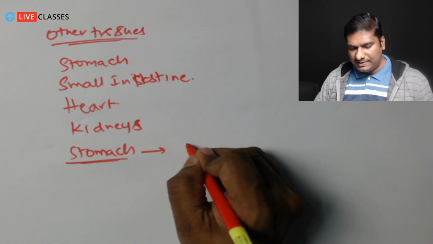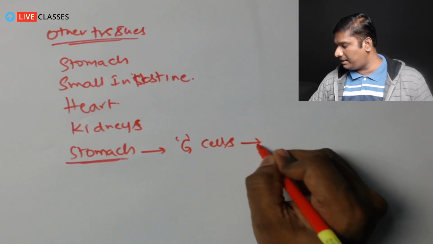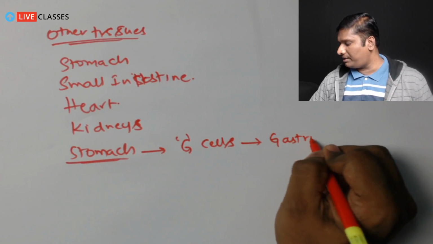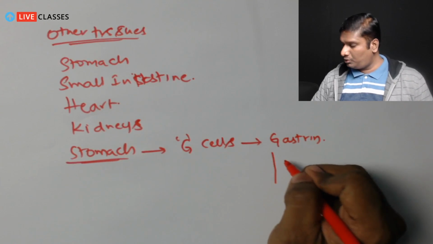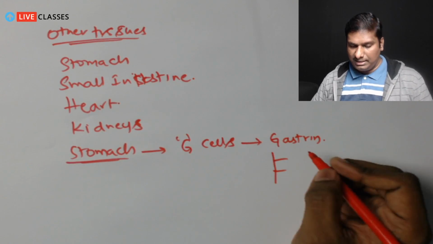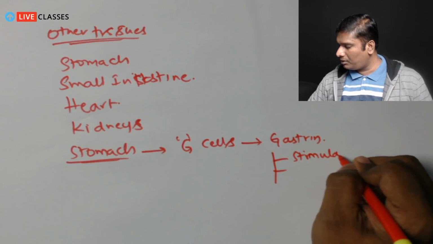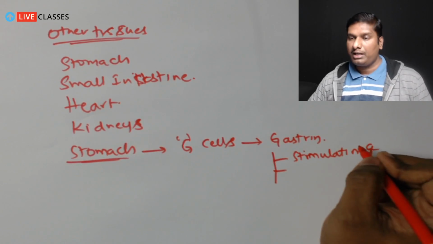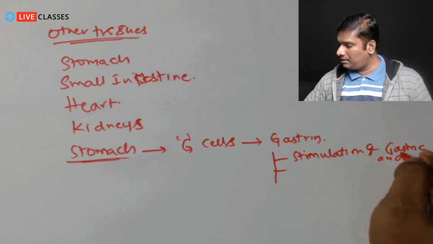The G cells in the stomach secrete a hormone called gastrin. Now this gastrin has two important roles. One is stimulation of gastric acid secretion.